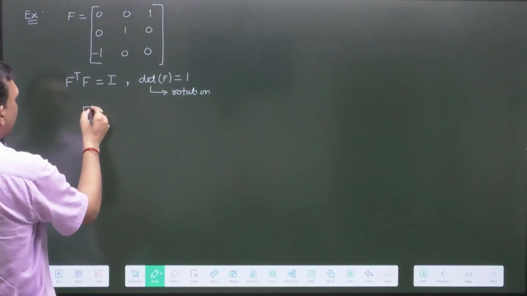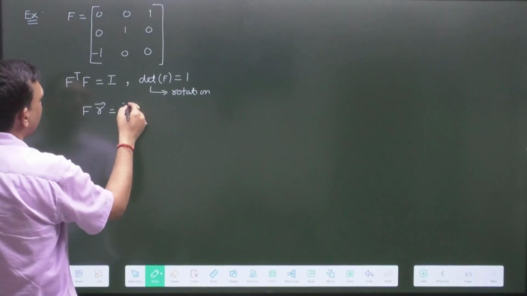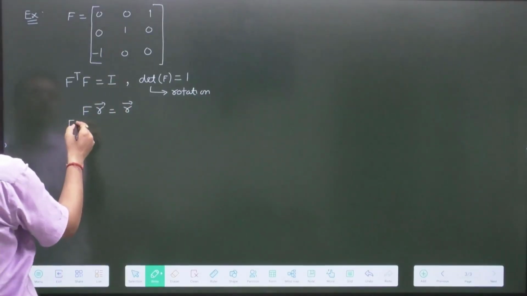Let's solve this equation: F r is equal to r. Try to solve it.